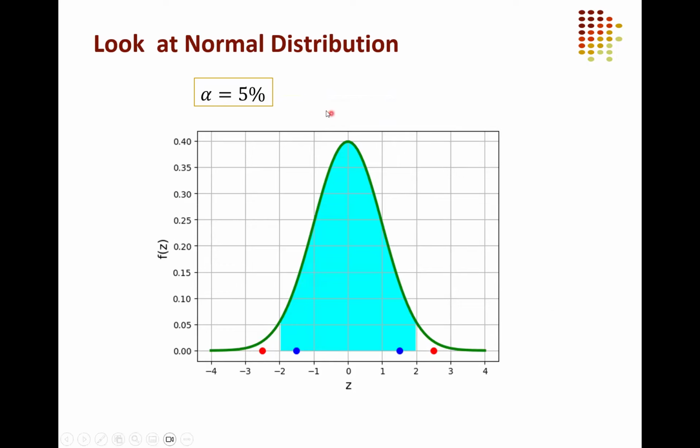So if we look at the normal distribution and we define the 5% significance level, it means we are talking about a two standard deviation interval. So if the values fall within this interval, like these blue dots, they will be considered as acceptable values, indicating that the variation experienced in these values is of random nature, and there is nothing to worry about.